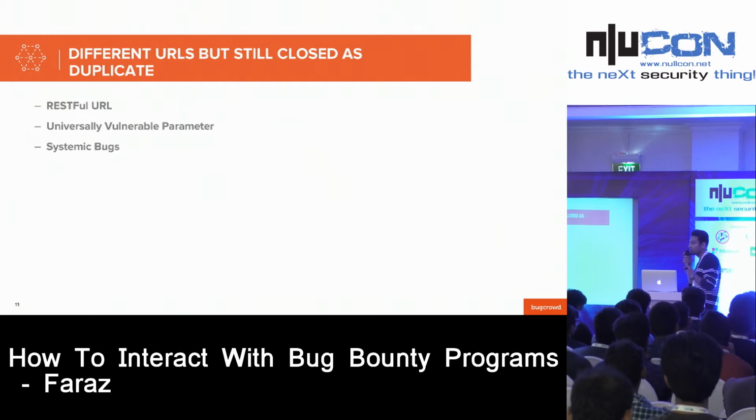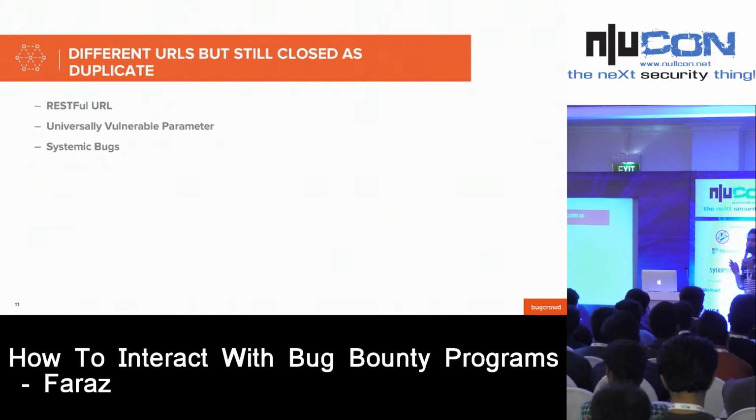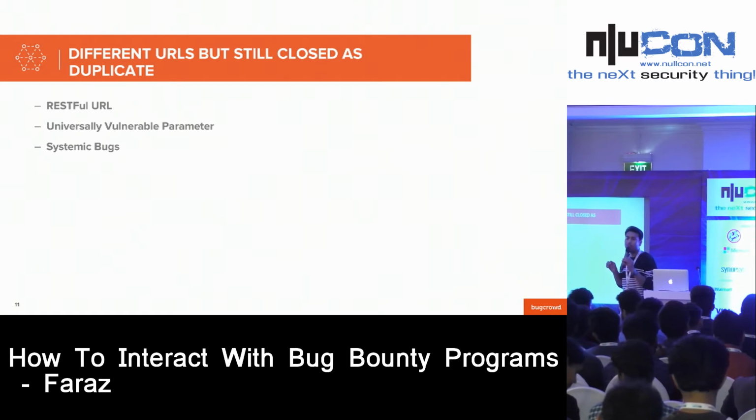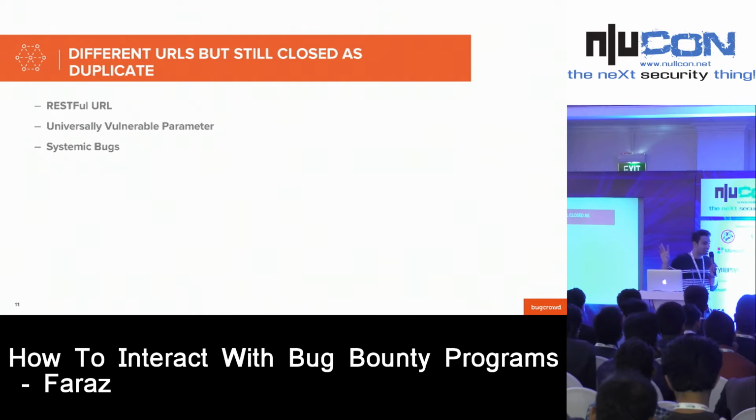There are some parameters in an application which are universally vulnerable. Like I came across a continue parameter. You just have to insert that continue parameter into any request, even if it was not there, and it will do the open redirect.